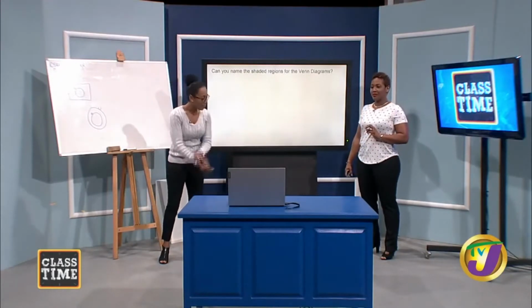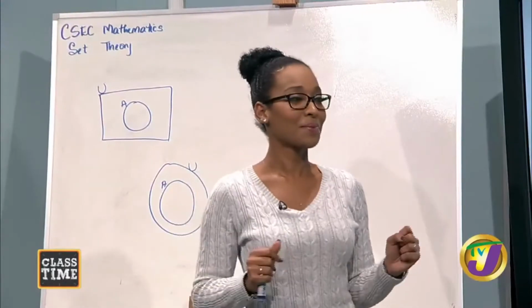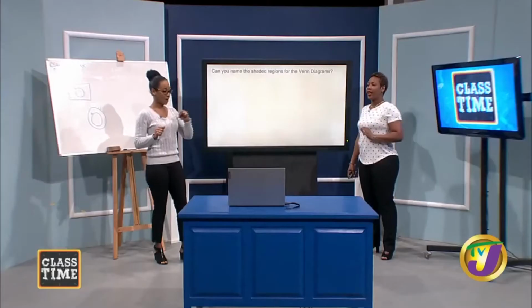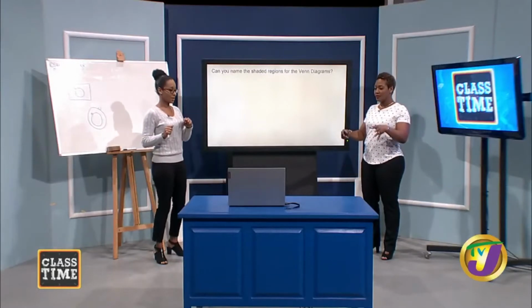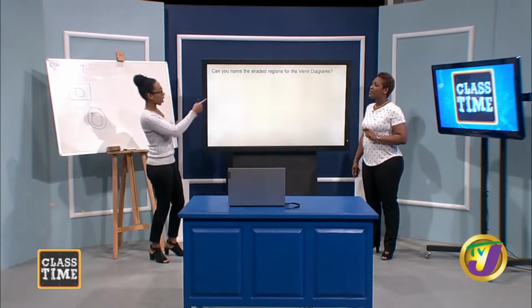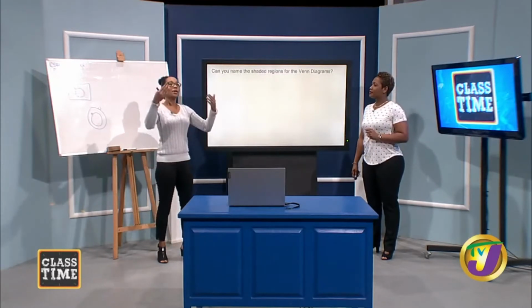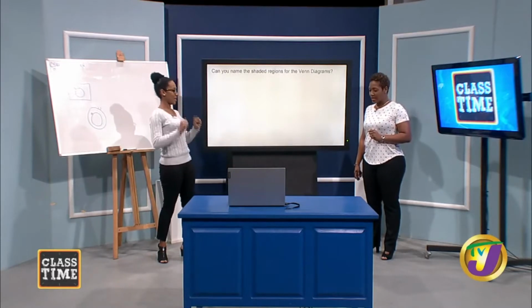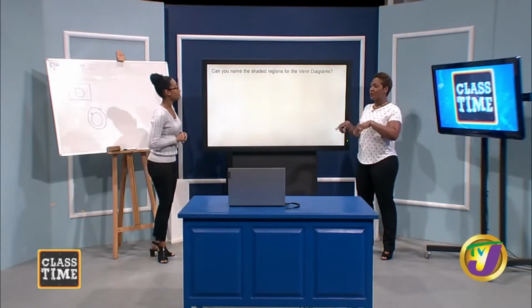Everybody come together. And remember, there's a key point to note. We don't repeat any of the members. Once it's listed, it's fine, we don't repeat it. And then what else? Complement. Everything outside of the set, and it must be in the universal set.